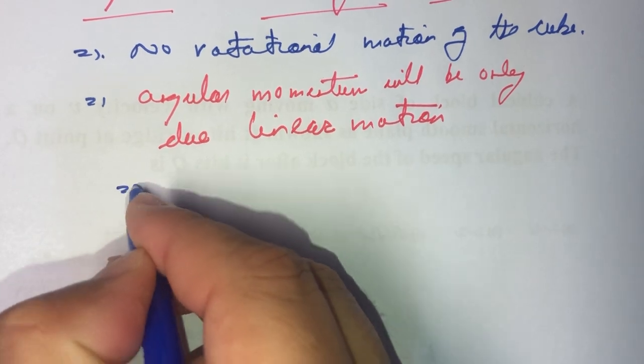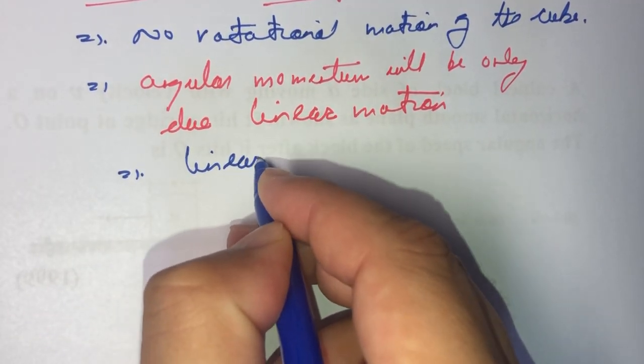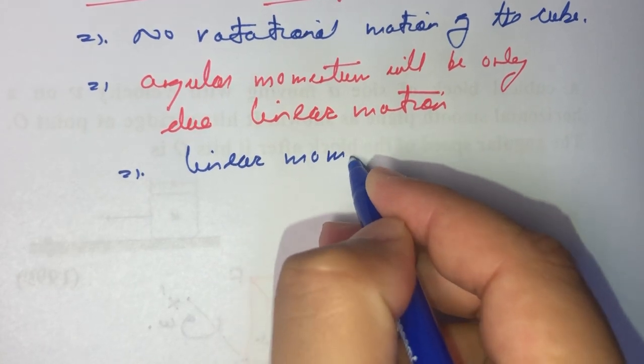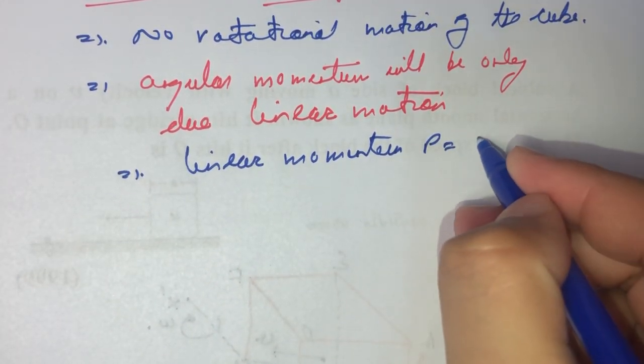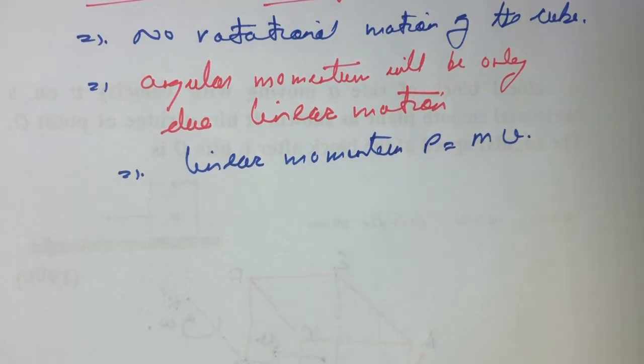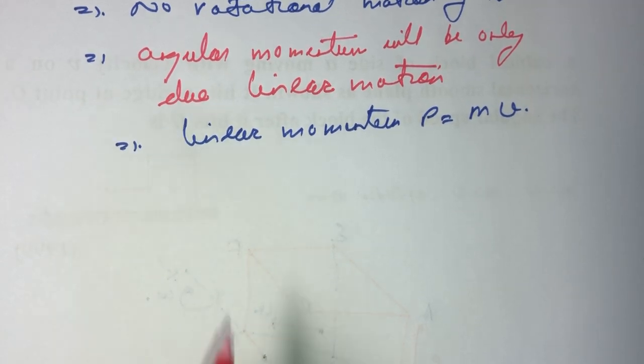So you can say that the linear momentum P will be equal to mass into linear velocity, and so we can find out the angular momentum.